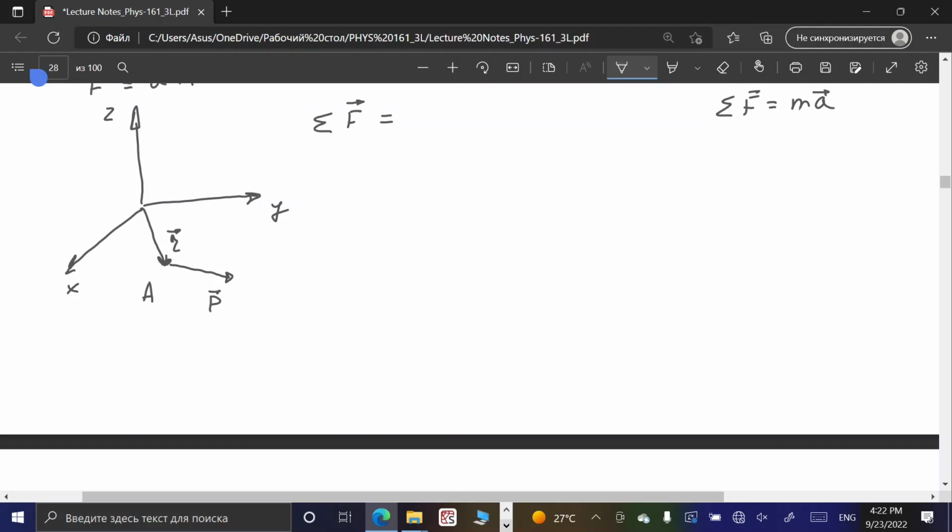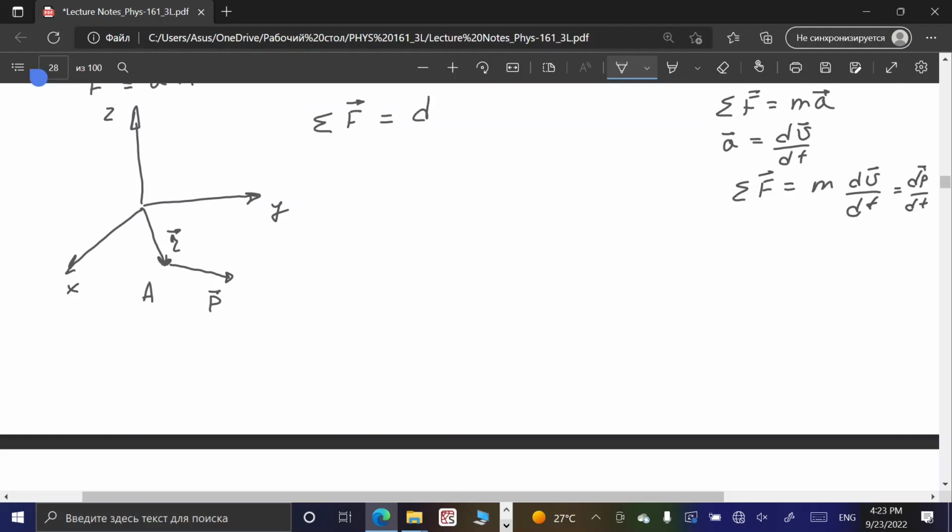And what is a? Acceleration is the first derivative of the velocity vector over time. So we can write that net force is equal to m times dv over dt, and that is nothing else than dp over dt. So the first derivative of the linear momentum vector over time gives us the net force exerted on the body.